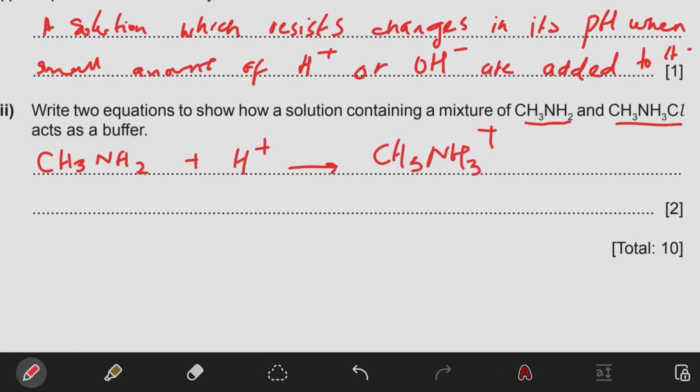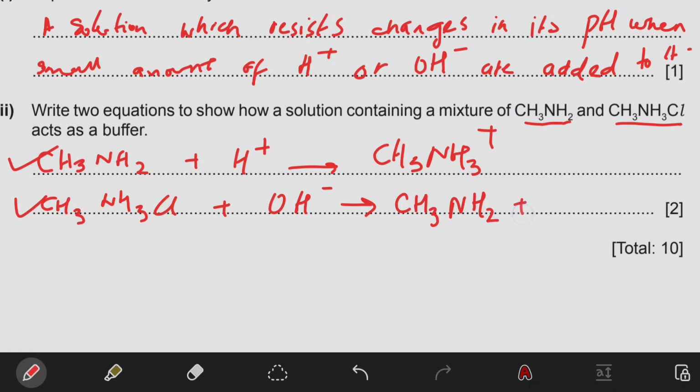Don't forget the plus. CH3CH2NH3Cl. We have to show it with the hydroxide. And what can it give? Since here it was acting as a base, here it should act as an acid. So it should give a proton: CH3CH2NH2 plus H2O plus Cl-.